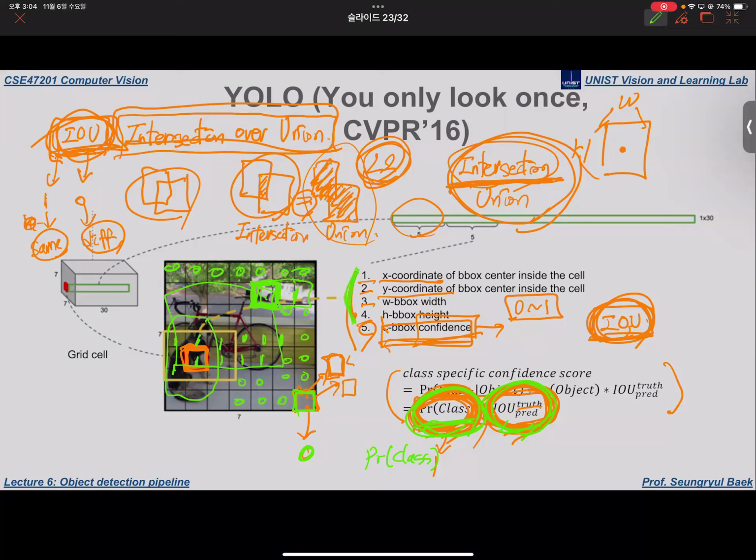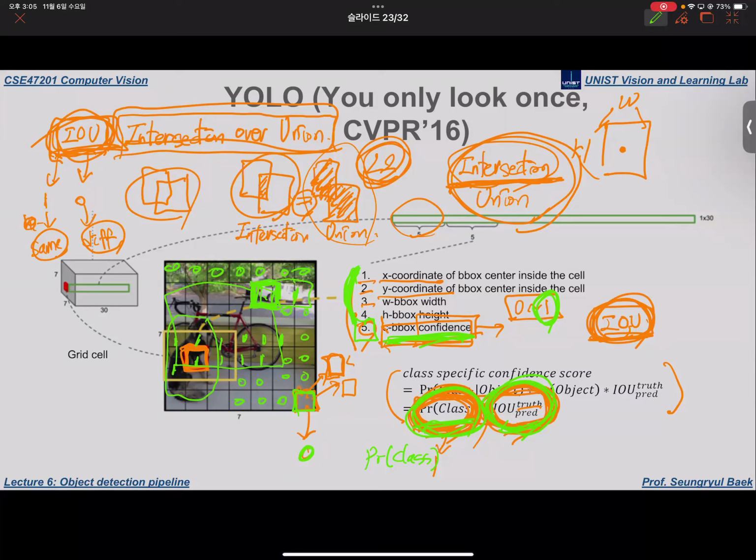And when estimating these four values, it also estimates the confidence value of those two bounding boxes. This confidence value becomes 1 when there is an object in the grid and, at the same time, their IOU is the same as the ground truth bounding box.